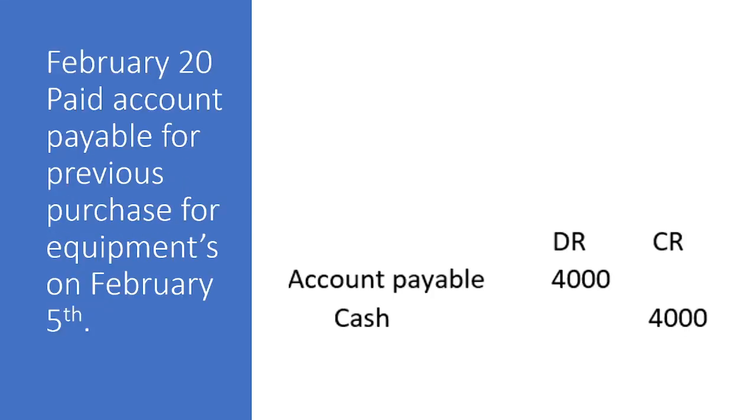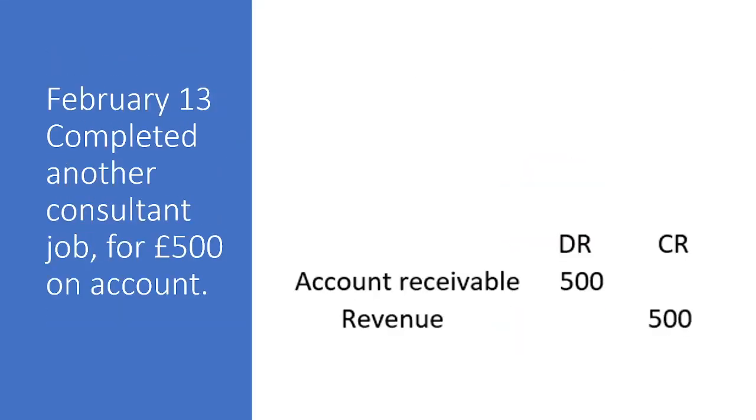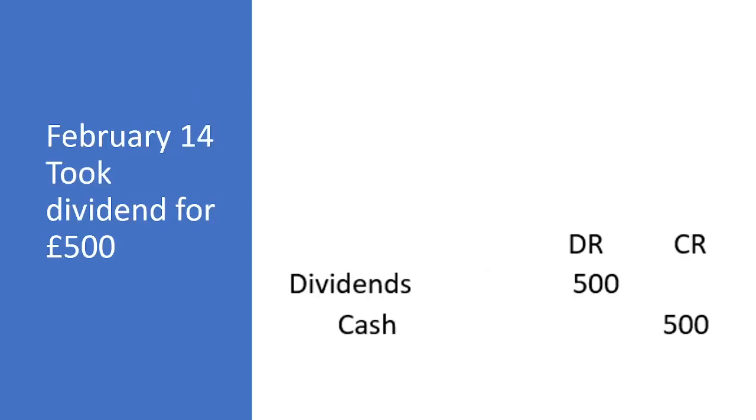February 24th, received payment for consultant job on February 13th. Okay, so let me see, the 13th. Which one was that again? I'm just going to go back and check. Oh yeah, okay. So we completed our job, right? And we debited accounts receivable, and now it's time for us to get paid.